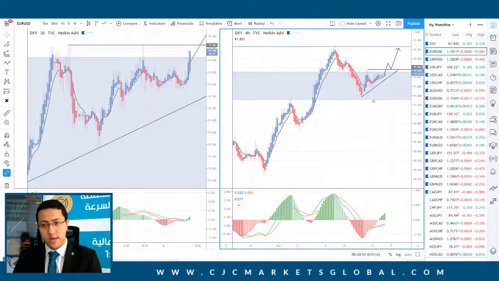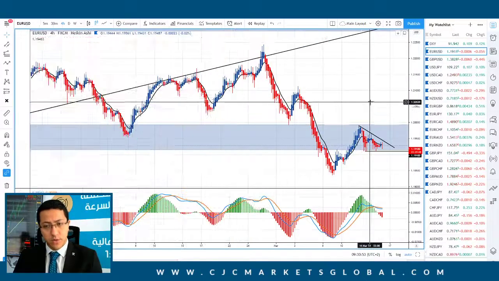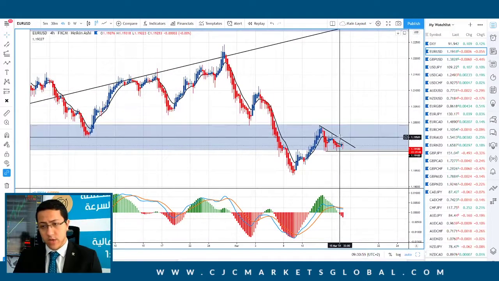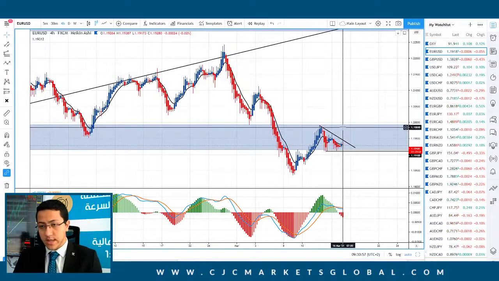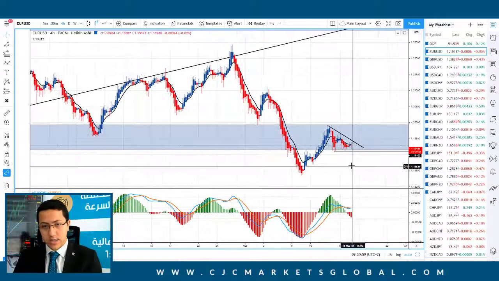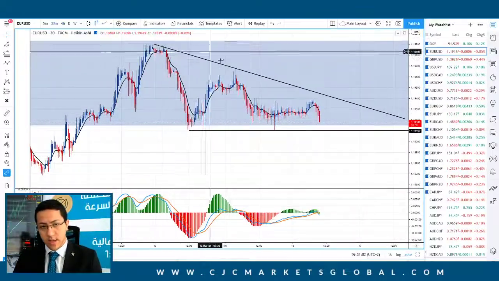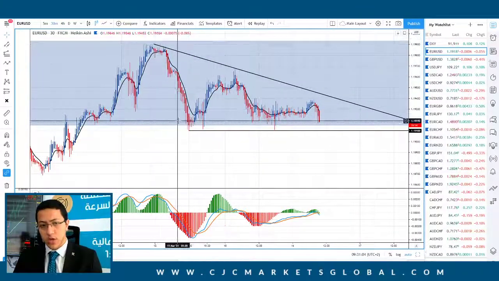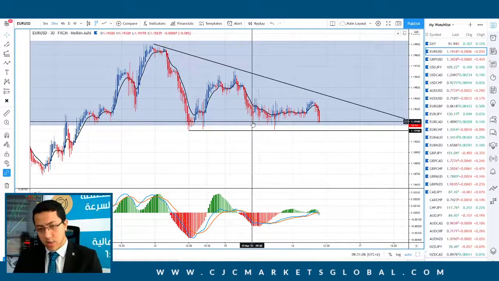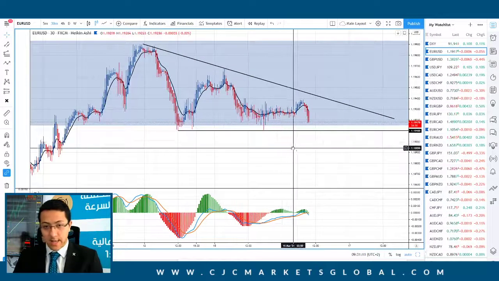The opposite is basically on the euro dollar. We are still trading at around the 1.20 levels that we have highlighted during the past week. Again, on the 30 minutes time frame, it seems that we are able to create lower highs with the lows at around the same level of 1.1910 roughly.